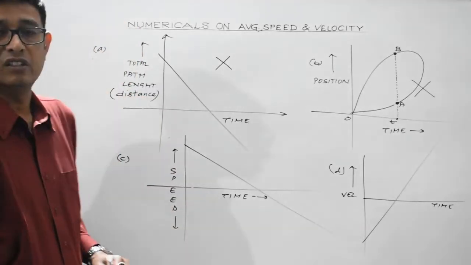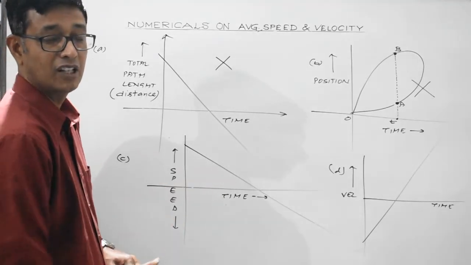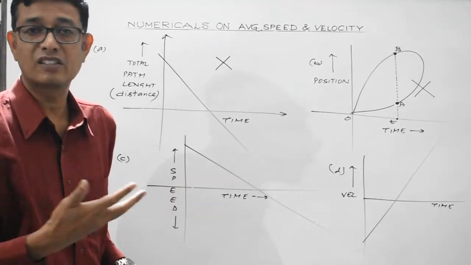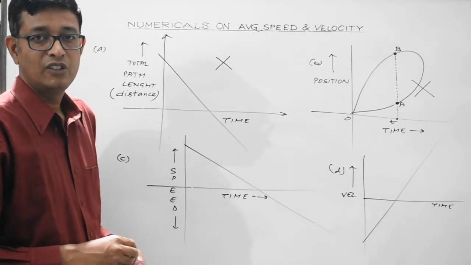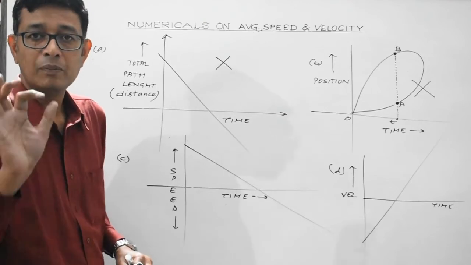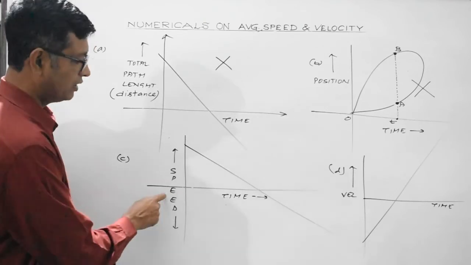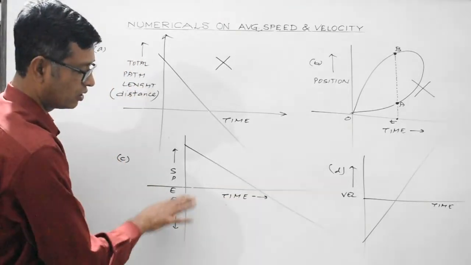Let's concentrate on the third one. It's a graph between speed and time. Again, speed, we have discussed it in detail. It's a scalar quantity. Speed can't be negative. It is a positive quantity. Over here, look, after this time, it is becoming negative. This is the negative quadrant, right?